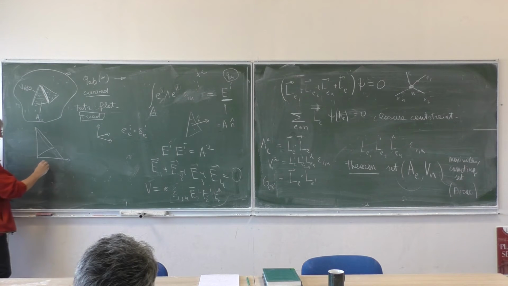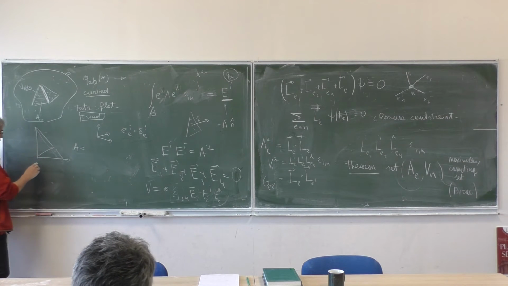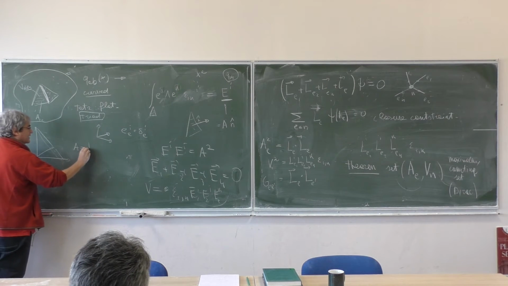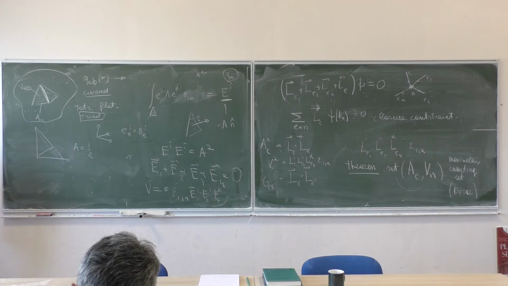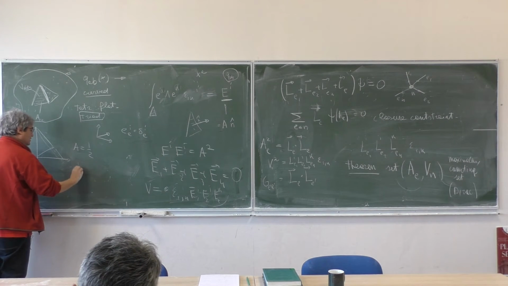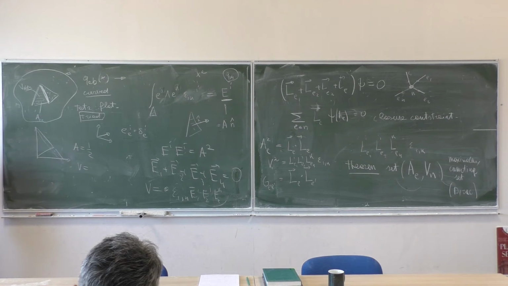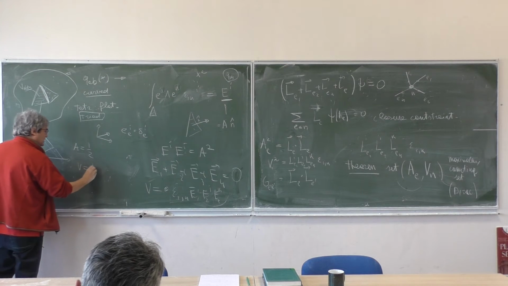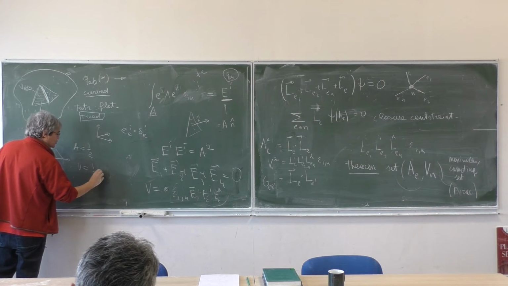So then the areas are all 1 times 1 times 1/2, and the volume is 1/3. I forgot. 1/3 of 1 cube, so 1/3.